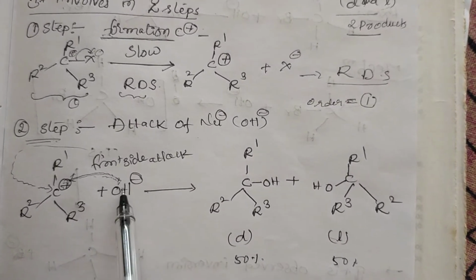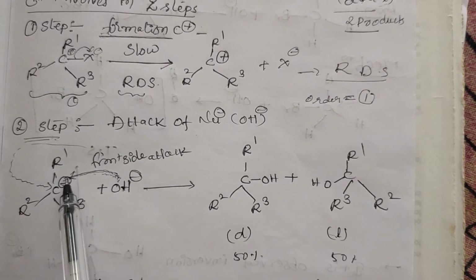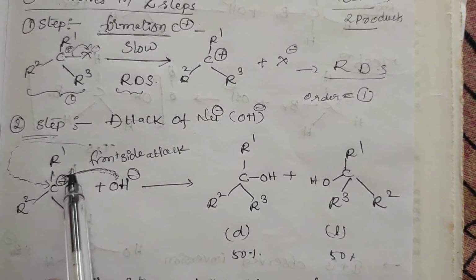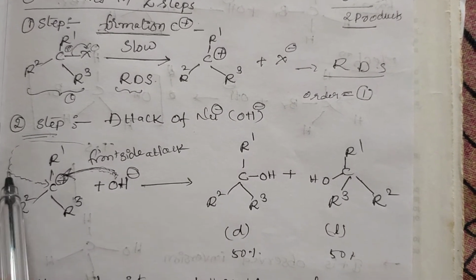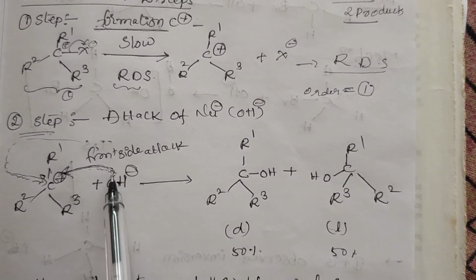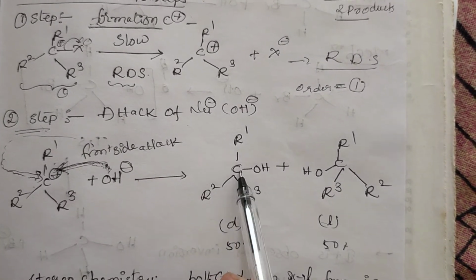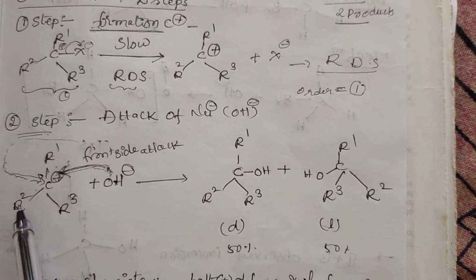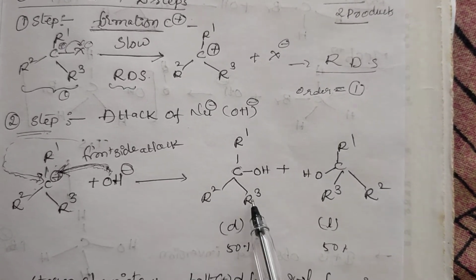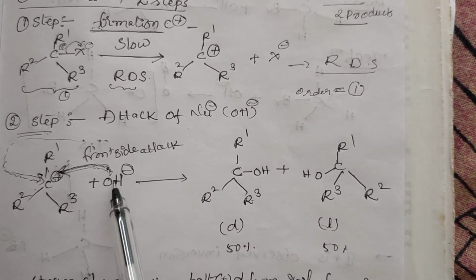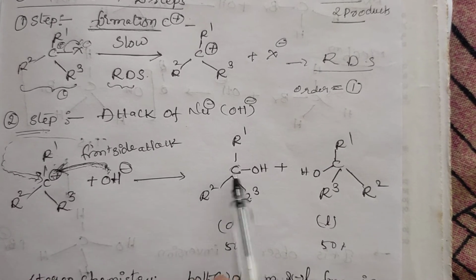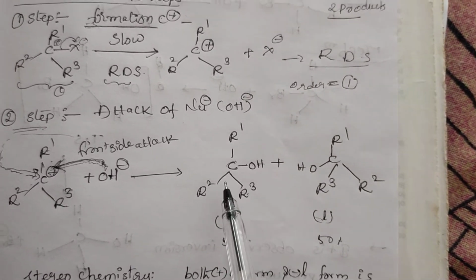So OH minus can attack from either the front side or the back side. Now, first product from the front side. So what is the product? Carbon R1, R2, R3, same as it is, with OH coming from the front side, so the product is this one.